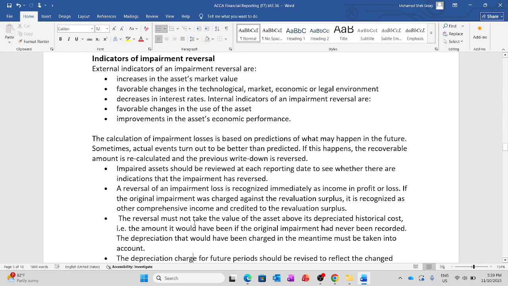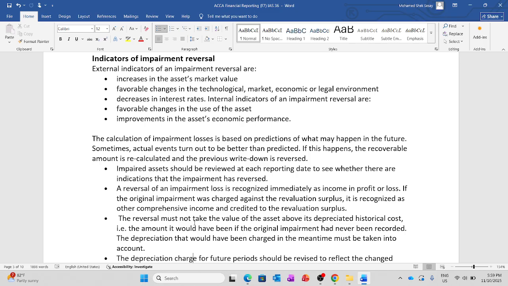Now, the calculation of impairment losses is based on predictions of what may happen in the future. It is clear. Sometimes actual events turn out to be better than predicted. If this happens, the recoverable amount is recalculated and the previous write down is reversed.